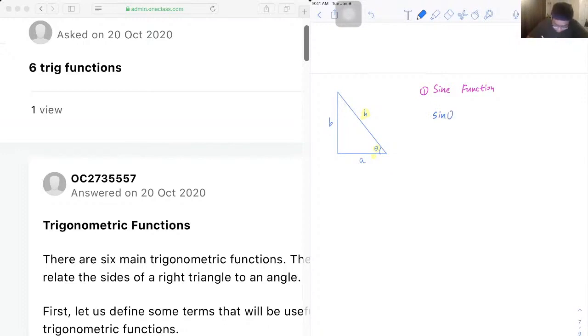So sine theta, that means with respect to theta, is equal to opposite over hypotenuse, which in our case would be b over h.